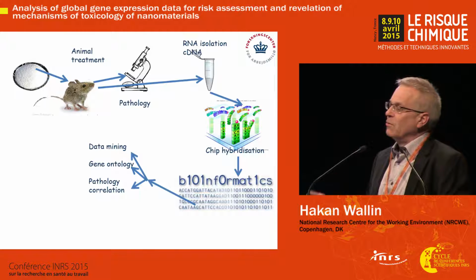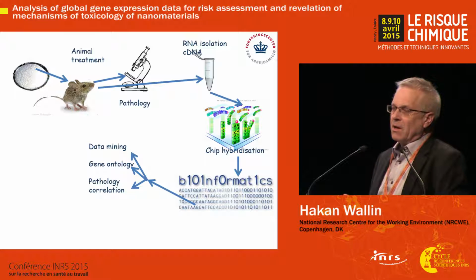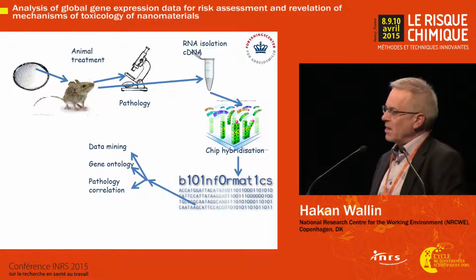And then you look at your data. You have to use some gene ontology, which is just identifying which is a gene. It's a kind of naming system where you have to sort things out.